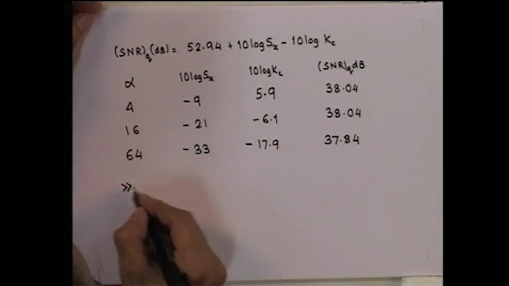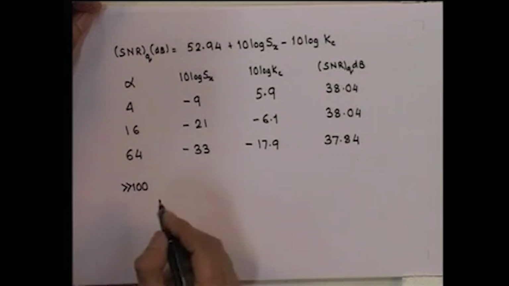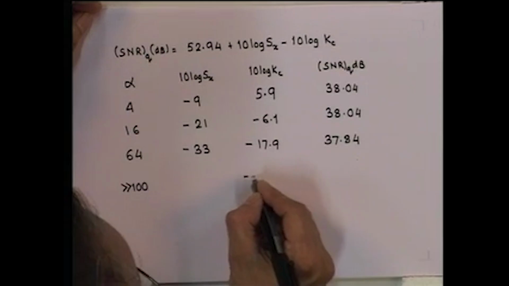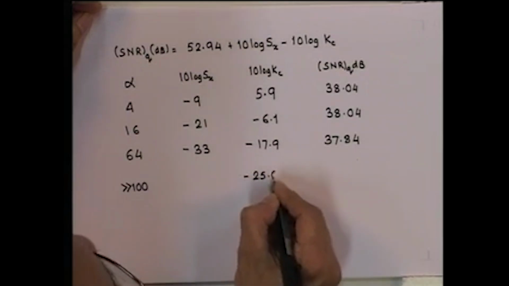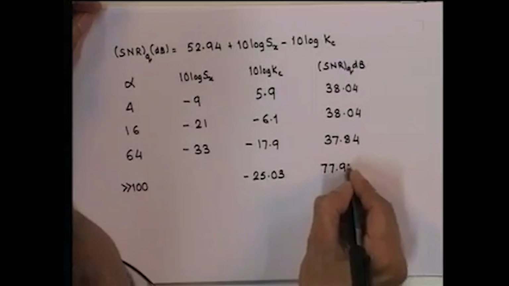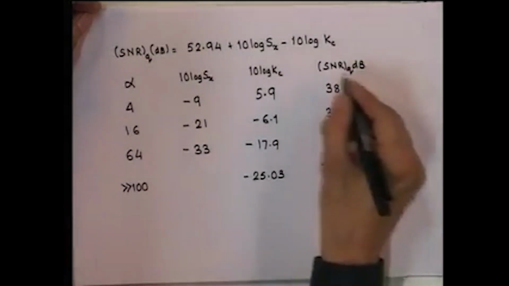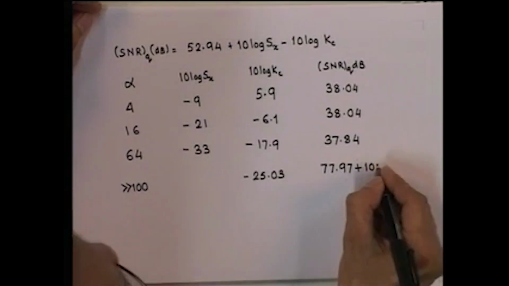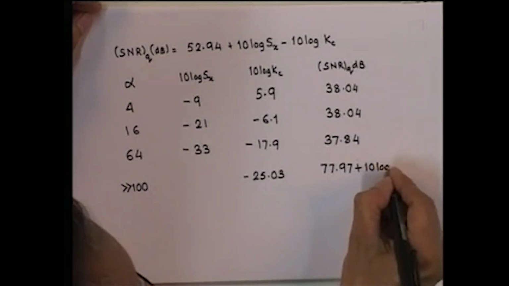And for alpha much larger than A, that is 100, the general expression for signal to quantization noise ratio in terms of input variance is as follows.